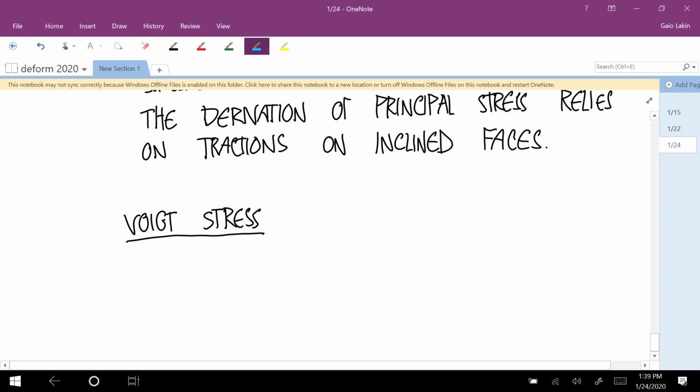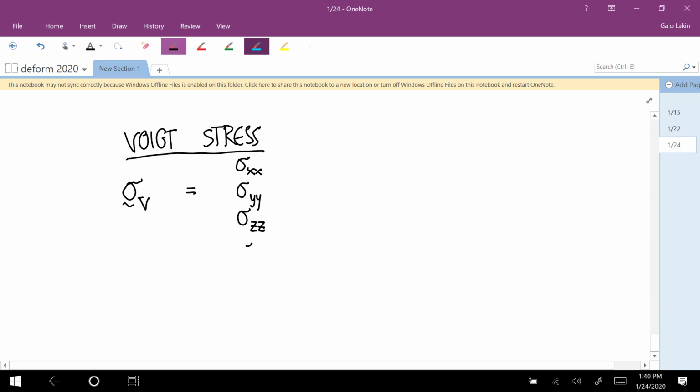So the Voigt stress, which I'm going to call sigma sub v, is just a 6x1 column matrix with the stress elements XX, YY, ZZ, and then YZ, XZ, XY.